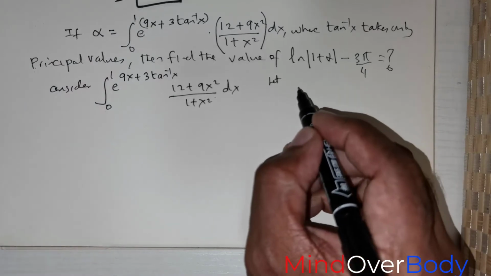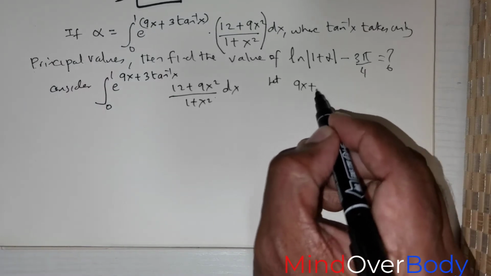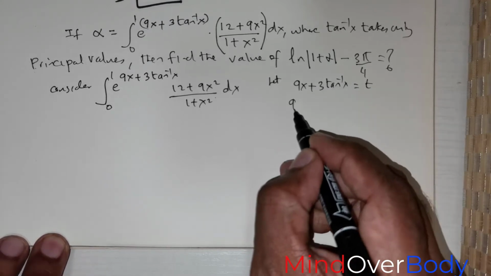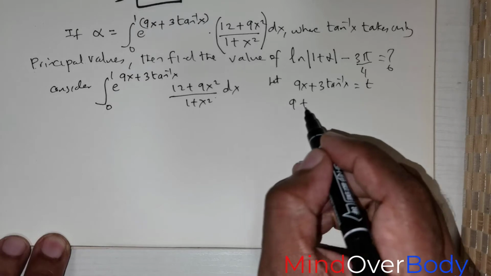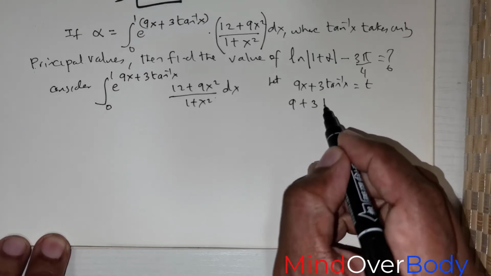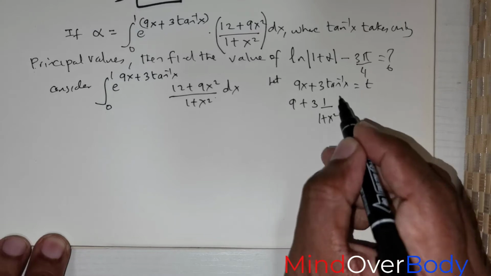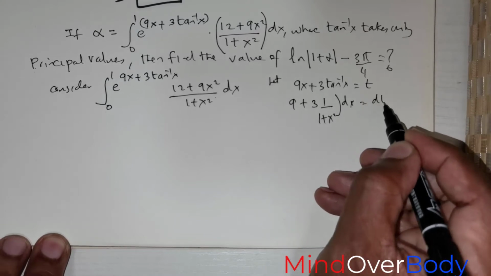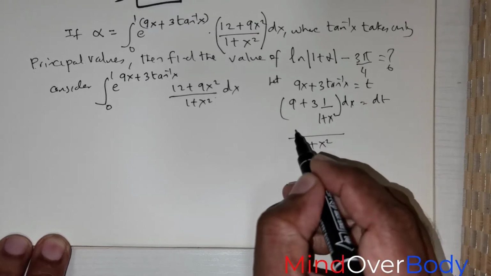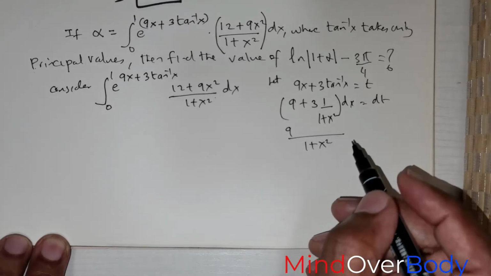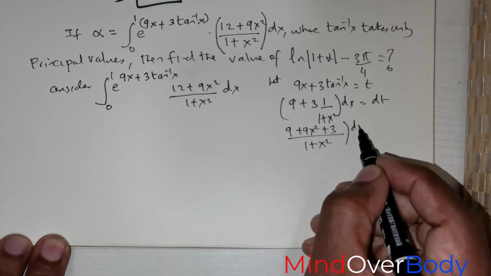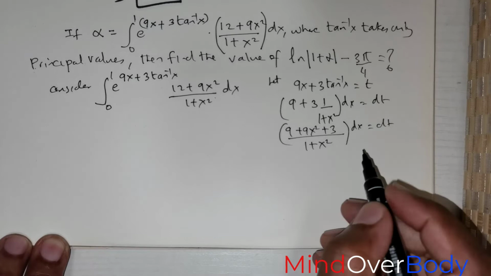Let 9x + 3 tan inverse of x be equal to t. I differentiate this, I get 9 + 3 times 1 over (1 + x squared) times dx, which is equal to dt. I take the LCM as 1 + x squared. I would get (9 + 9x squared + 3) dx over (1 + x squared) equal to dt.